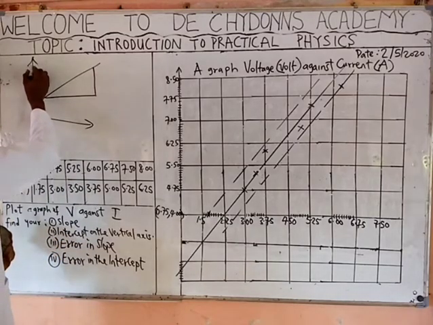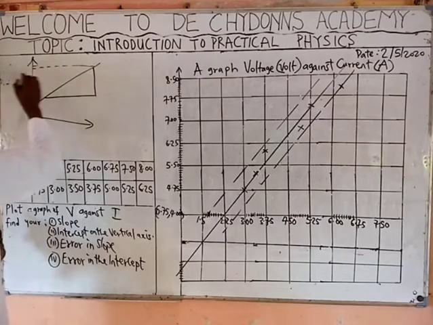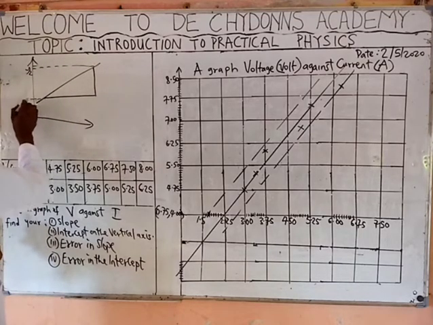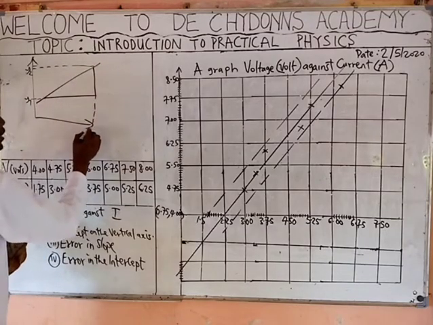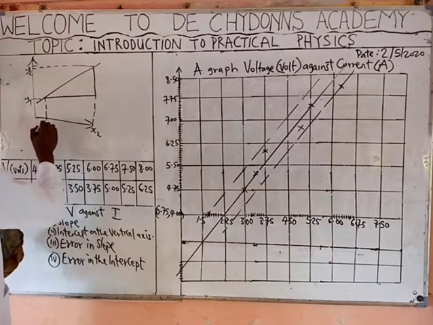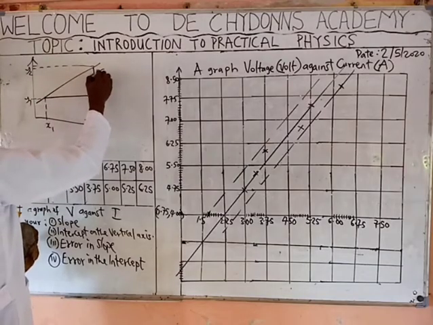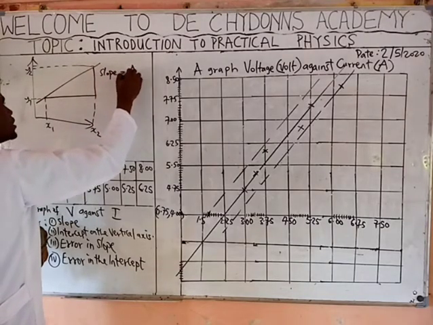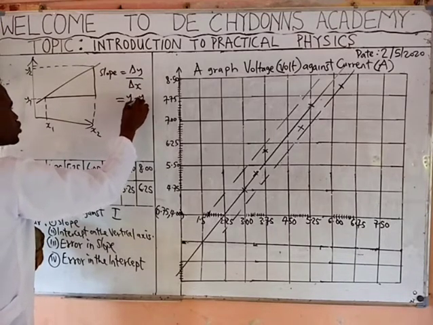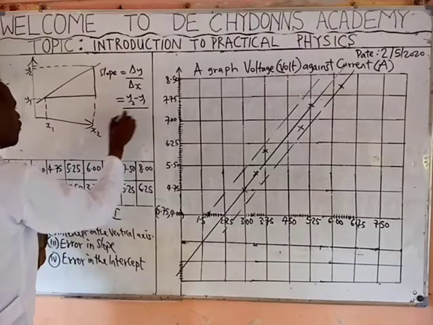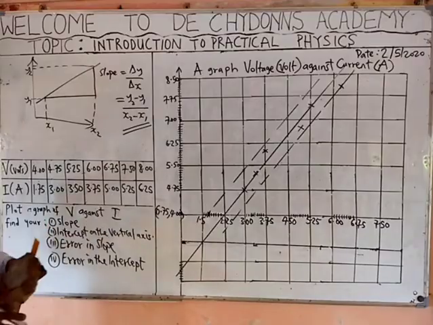Then here will be your y2, here will be your y1, here where the vertical and horizontal meet, that will be your x2, here will be your x1. Then to get your slope, you say your slope equals change in y all over change in x. What is change in y? y2 minus y1 all over x2 minus x1. And that will be giving you a positive slope.